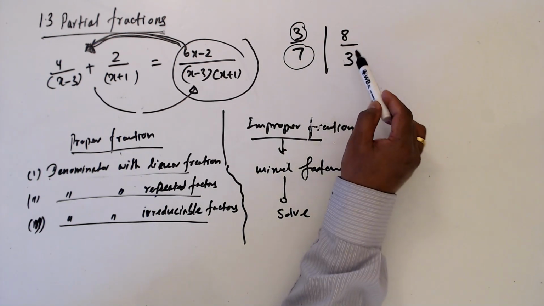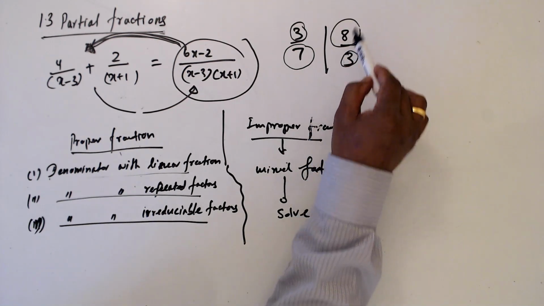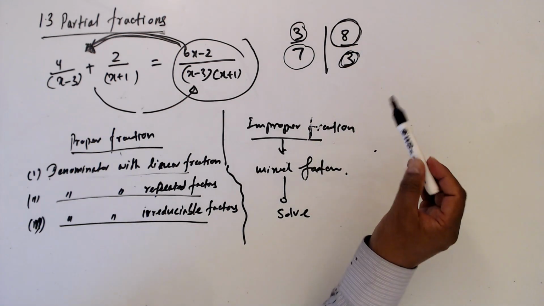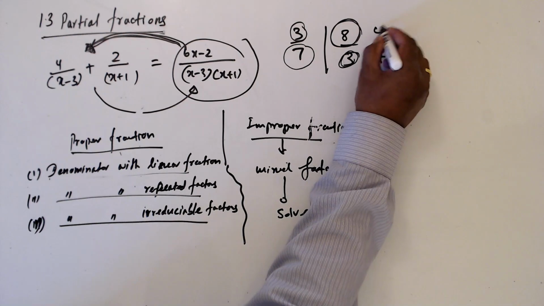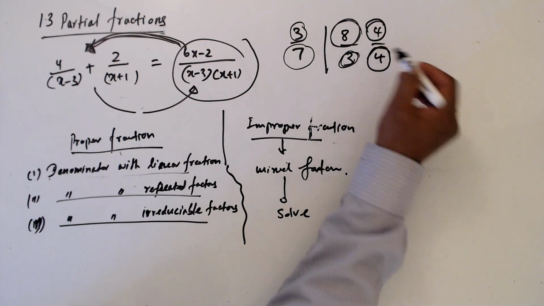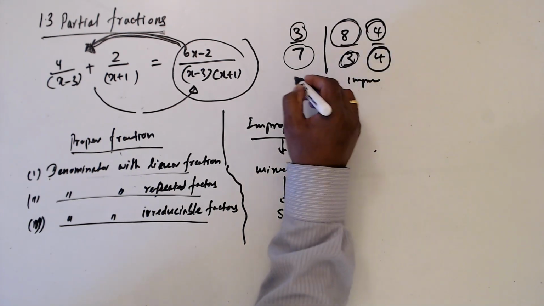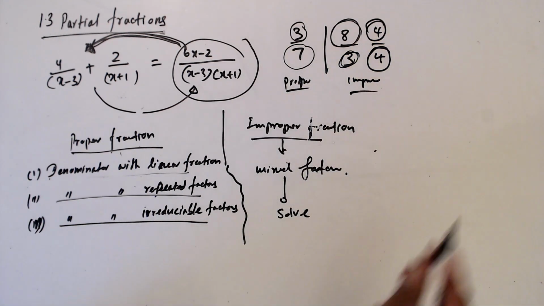But if it is improper, the numerator is bigger. Same as 4 over 4, numerator and denominator both the same, so that is improper, and this is proper.